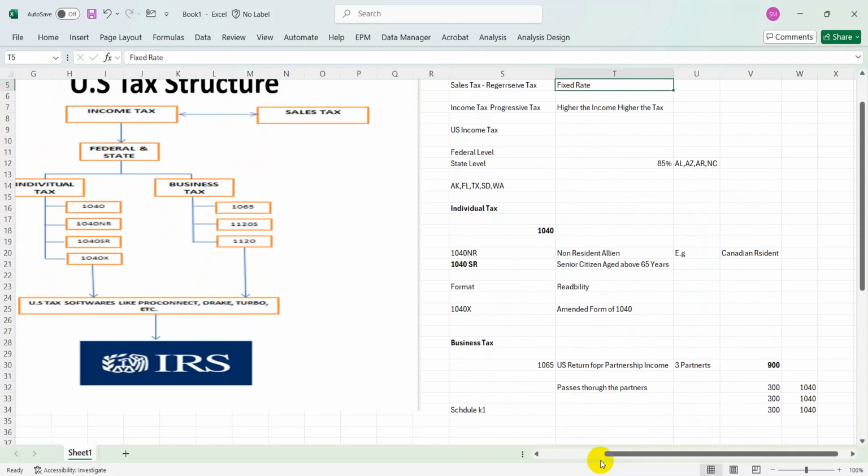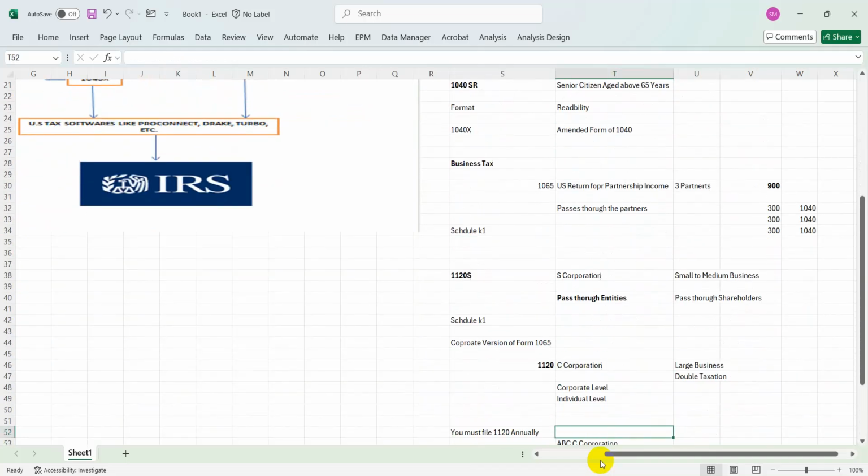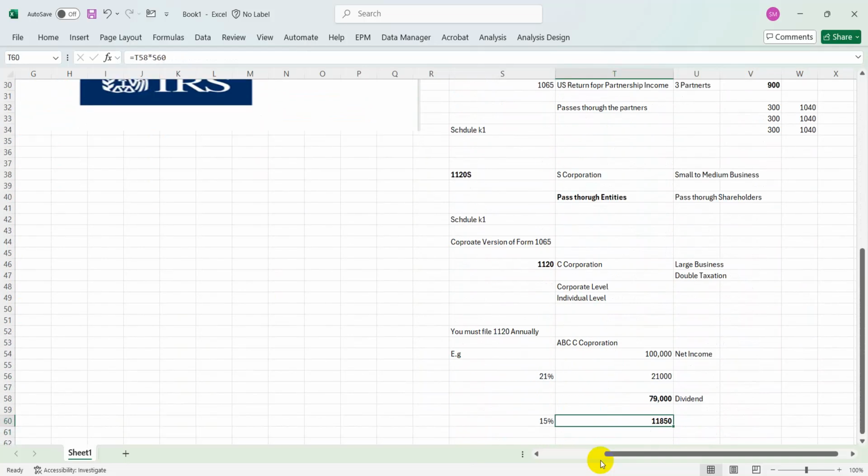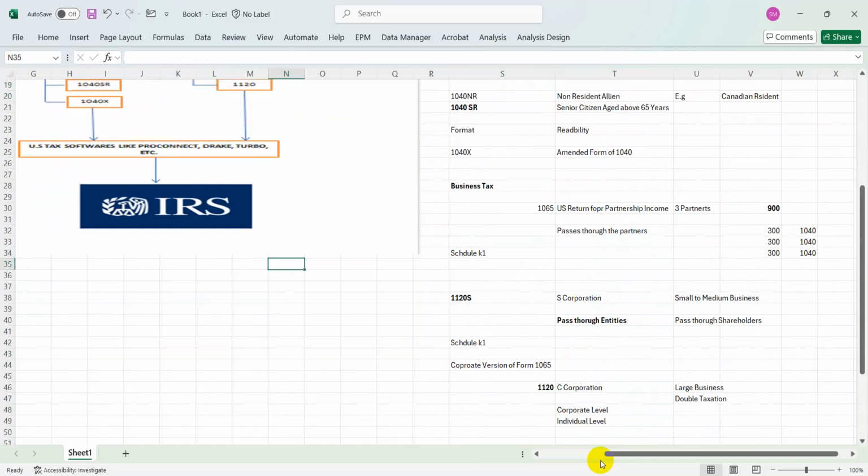Now, once you have all the data and you have filed the form, the next question is, are you going to file your return directly on the IRS website? The answer is no. The IRS has given the rights to some companies to process the returns.